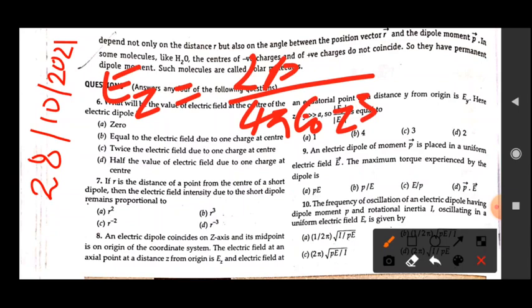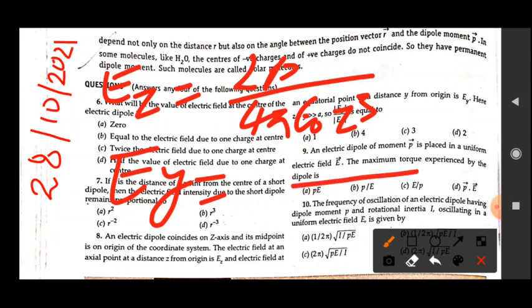Now what we have to find out is the value of Ez upon Ey. First, whenever you take z as the axial direction, then obviously y is at a 90-degree angle to z, so obviously that will be the equatorial direction.